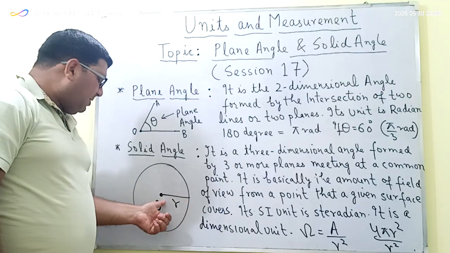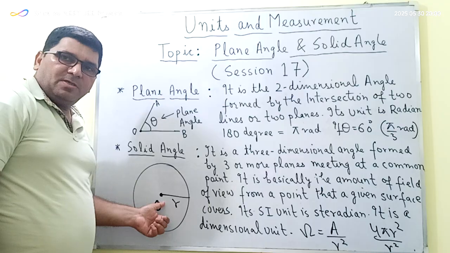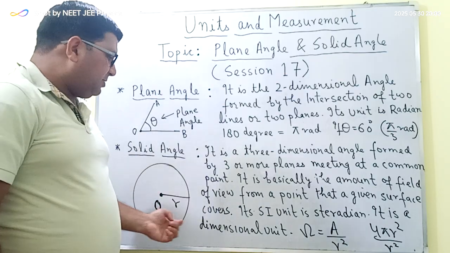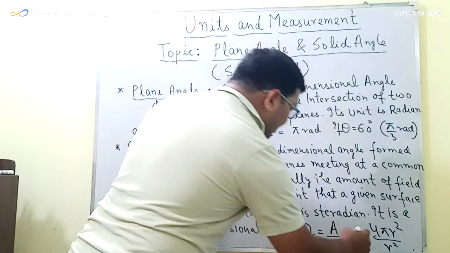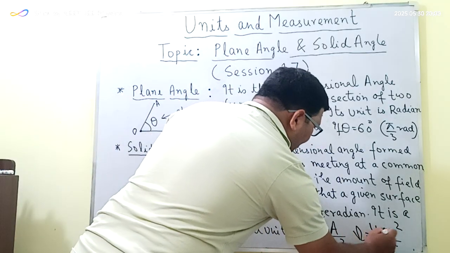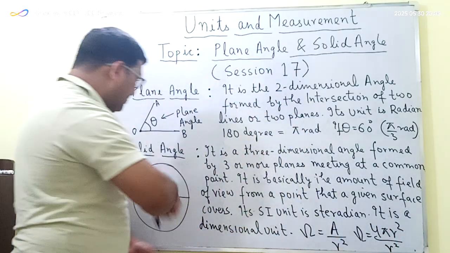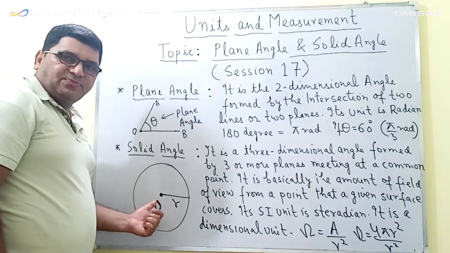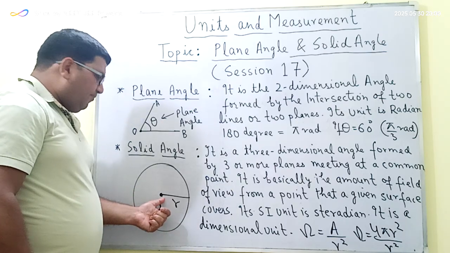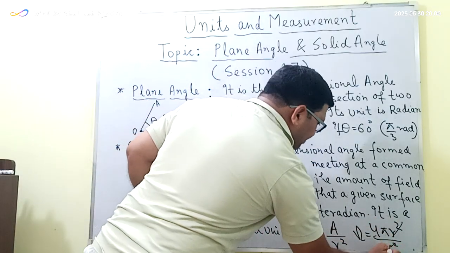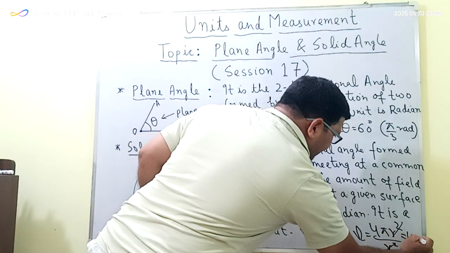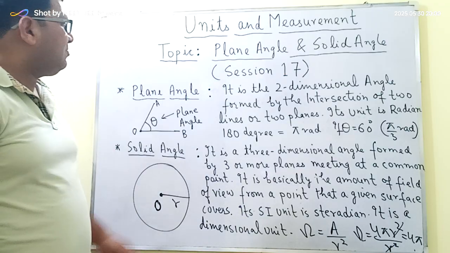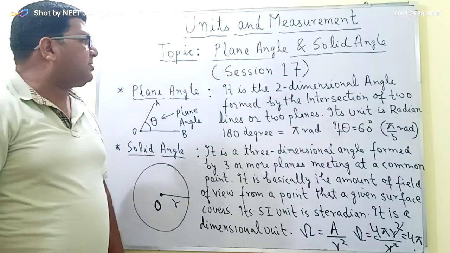Since we have to find the solid angle subtended at the center of this sphere, the solid angle will be equal to 4 pi r square, the surface area of the sphere, divided by r square. So from here we can say that the solid angle subtended at the center of a sphere will be equal to 4 pi.